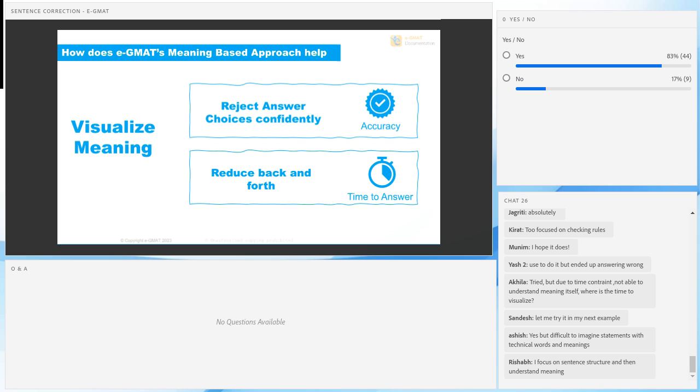If you visualize the meaning, you are going to reduce the back and forth. Imagine the amount of back and forth that you did between choices C, D, and E. All of that will be taken care of. You won't even do that back and forth, because you'll know right off the bat that choice C is the correct choice, and you will have solid grounds to reject choices D and E. That is the power of visualizing the meaning.